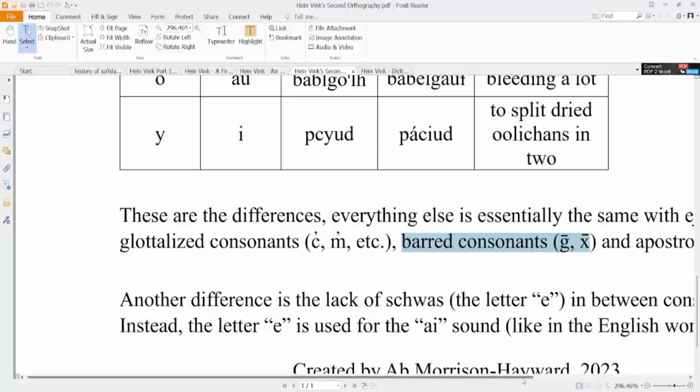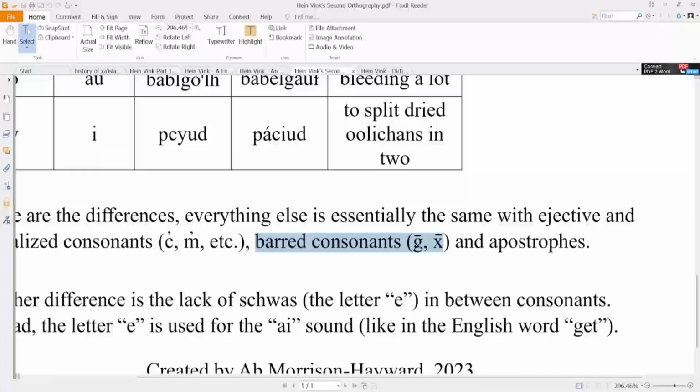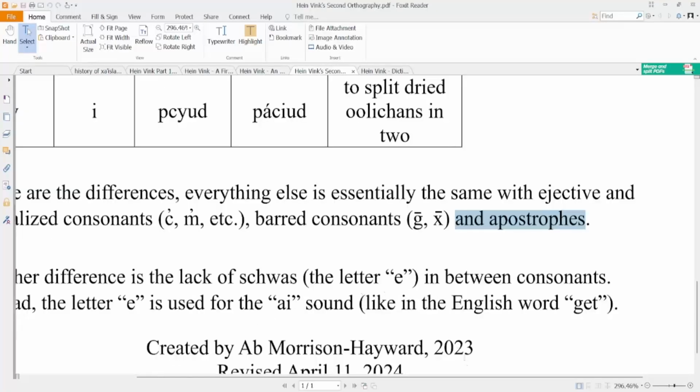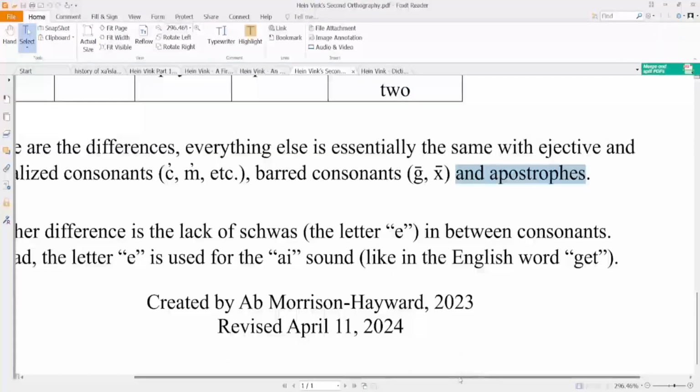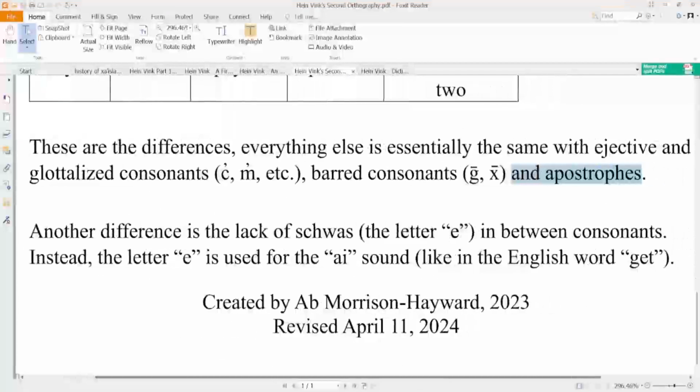So you have a G with a line over it as a back G sound, and the X with a line over top of it is more of the back X, which is Ch. And also the apostrophes are used the same way in both Hein Vink 2 and the hybrid orthography.